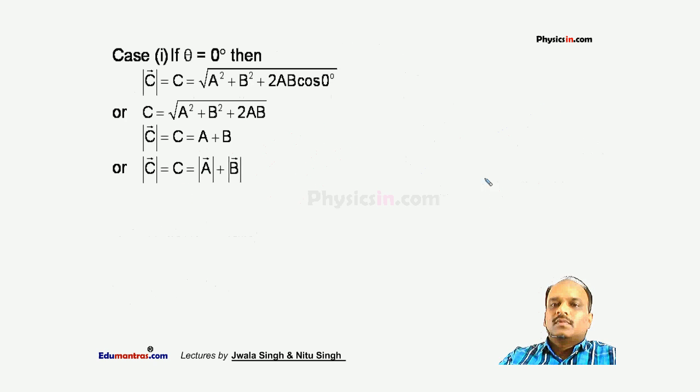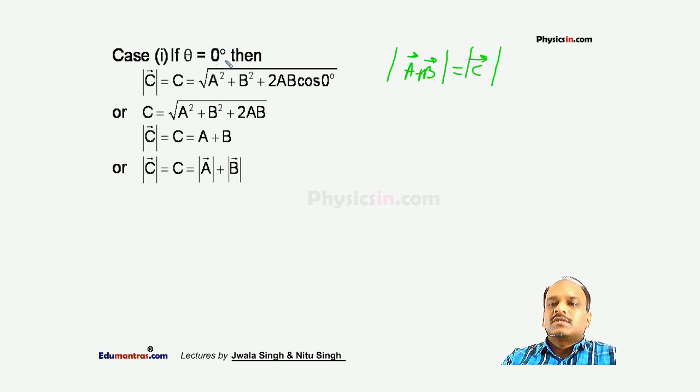Now since magnitude of vector A plus B is equal to magnitude of C, as we know, C is equal to root over A square plus B square plus 2AB cos theta.